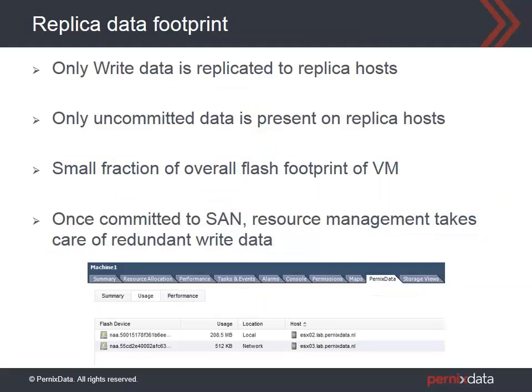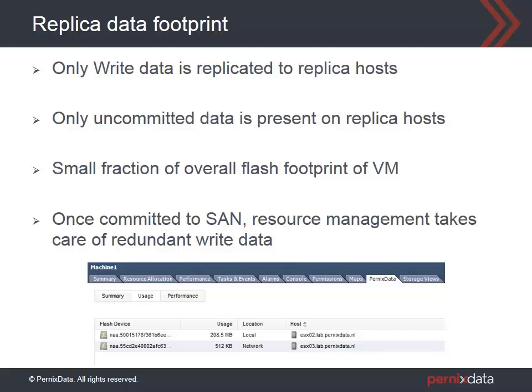Now, think about the overhead of write data. We only send the write data to the replica host, so we don't keep a complete flash footprint on multiple hosts. So that means that there's only a small fraction of the overall flash footprint available on the replica host.